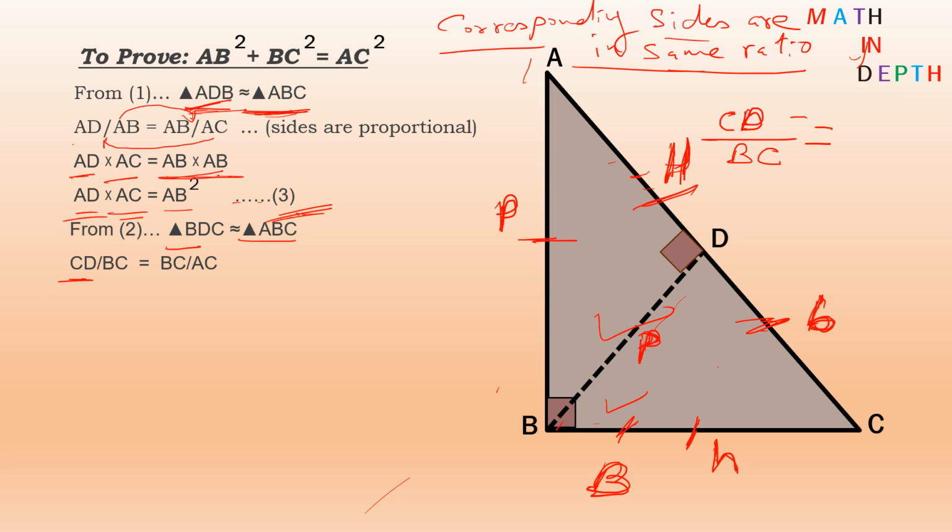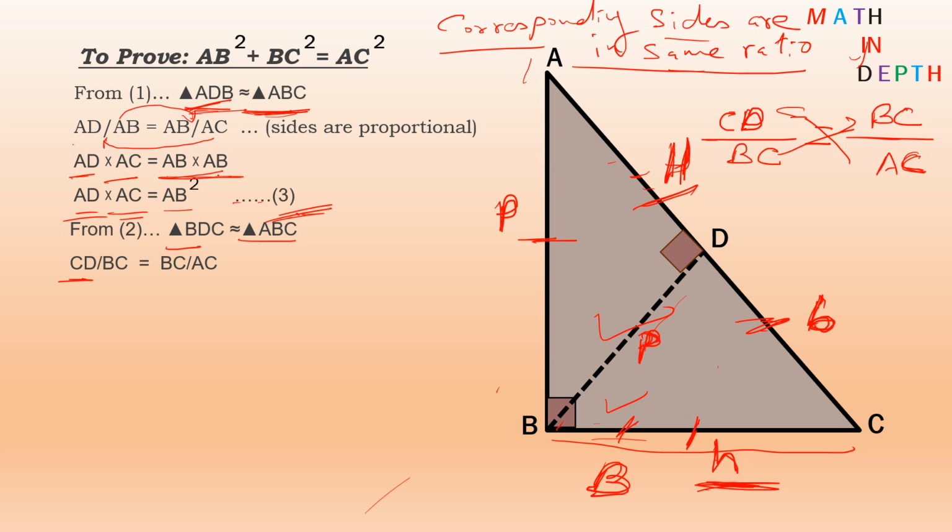And another one we will take here, the hypotenuse of this smaller triangle. What is this? This is BC. BC is the hypotenuse of the smaller triangle, and the hypotenuse of the bigger triangle is AC. So we have taken it like this. Now this can go here and this can go here.